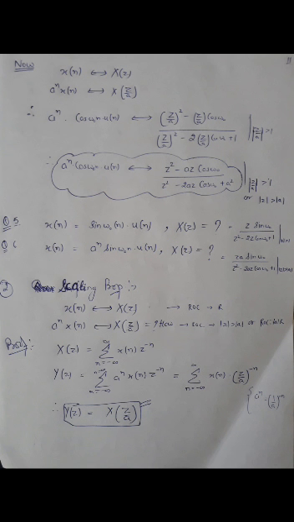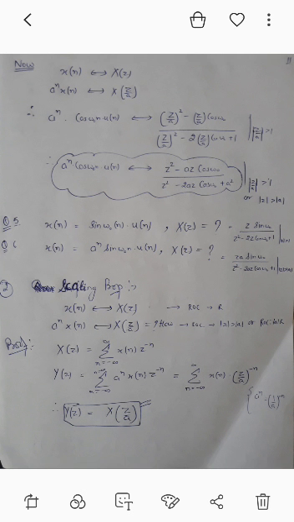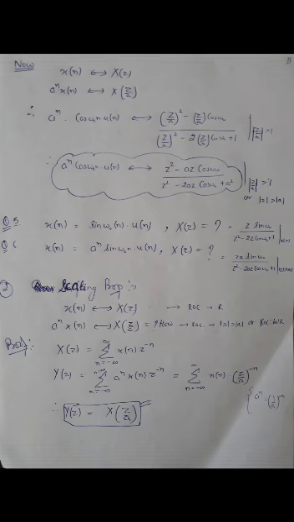Just write down the formula of z transform, so Y(z) is the sum from n equals minus infinity to infinity of a raised to power n x[n] z raised to power minus n. Just combine the a and z parts, so it becomes z by a, the whole raised to power minus n, and this can be written as the complete formula of X of z by a. So if you scale the given sequence by the factor a raised to power n, in the answer you will have the replacement z by a.